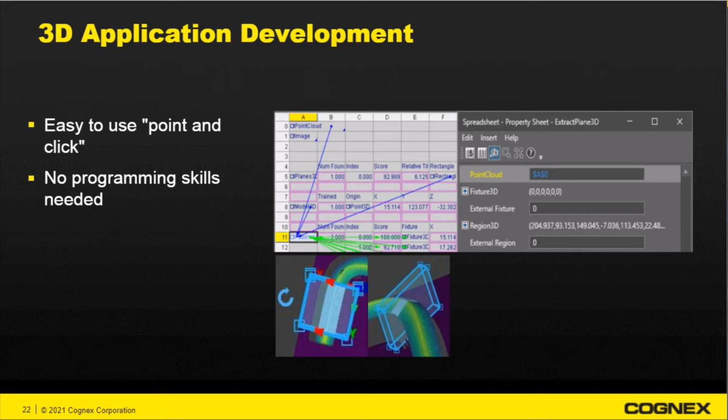And you can directly set references for other vision tools, image sources, etc., or parameters based on other cells. So here, it's easy to use due to the point-and-click functionality. So you can also set regions directly by drag and drop and rotating it with your mouse, and no programming skills are needed. In case you would still like to program, we also provide you with a scripting cell.